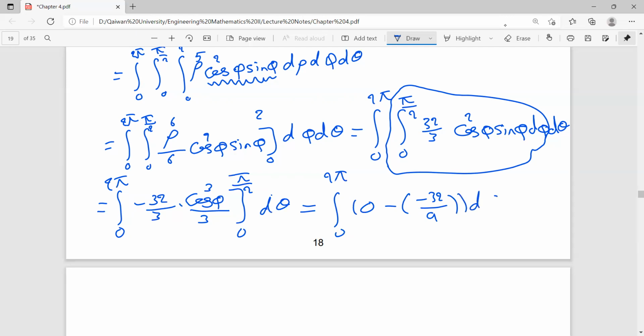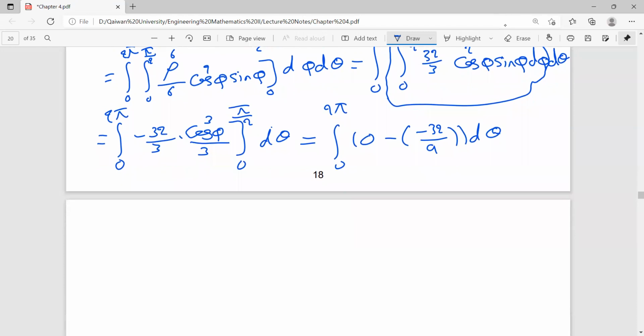This is d theta. We now simplify it more. It becomes the integration from 0 to 2 pi of 32 over 9 d theta. Now we take the integration with respect to theta. It becomes 32 over 9 theta, where theta is from 0 to 2 pi.